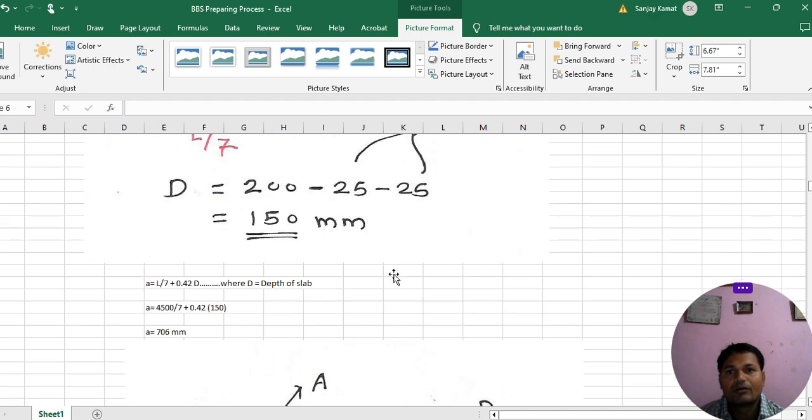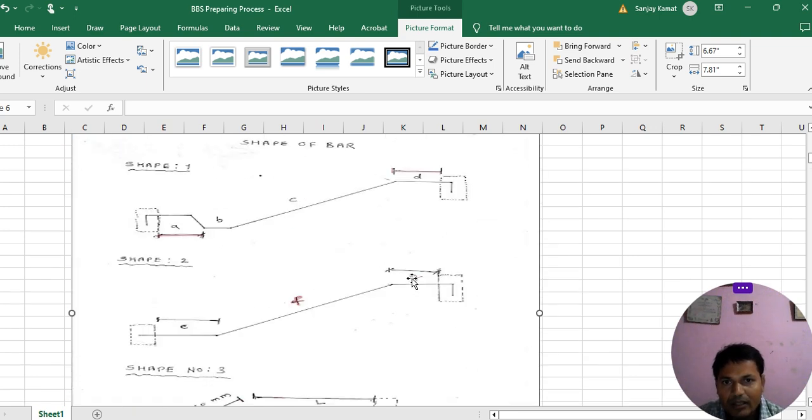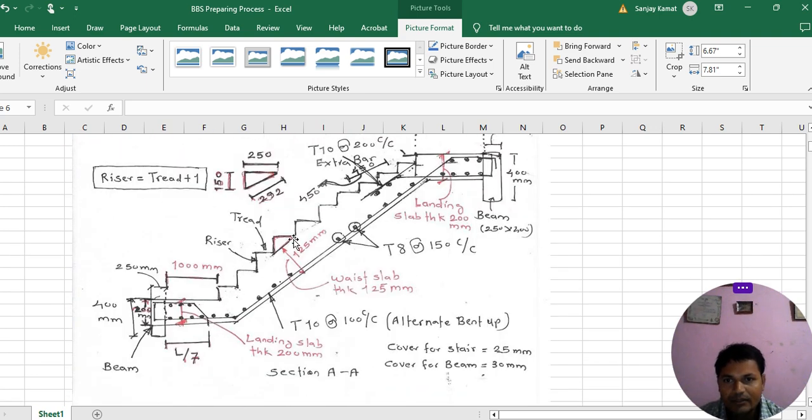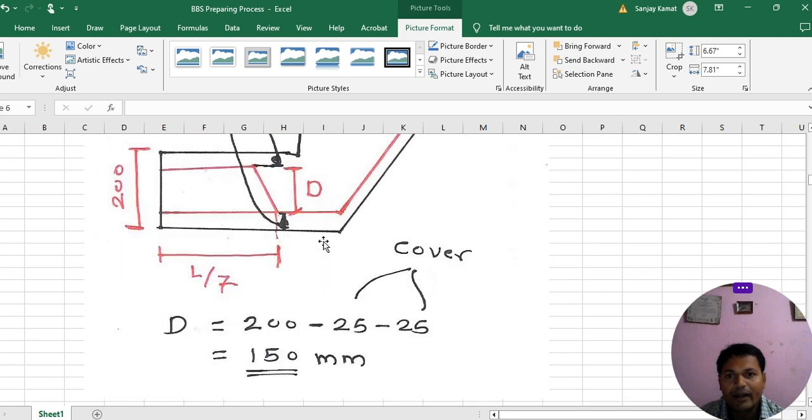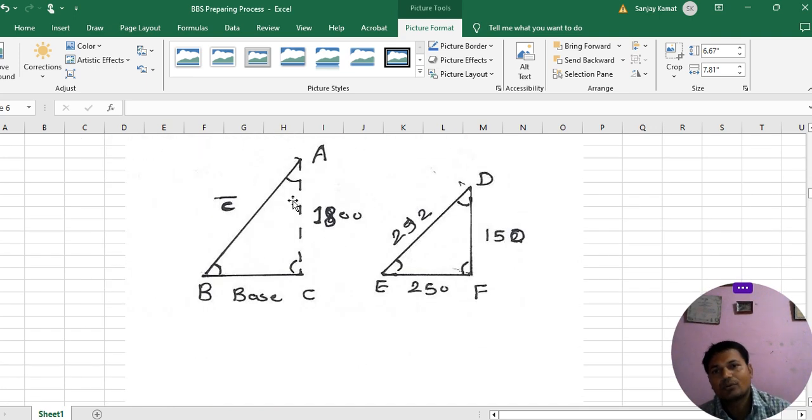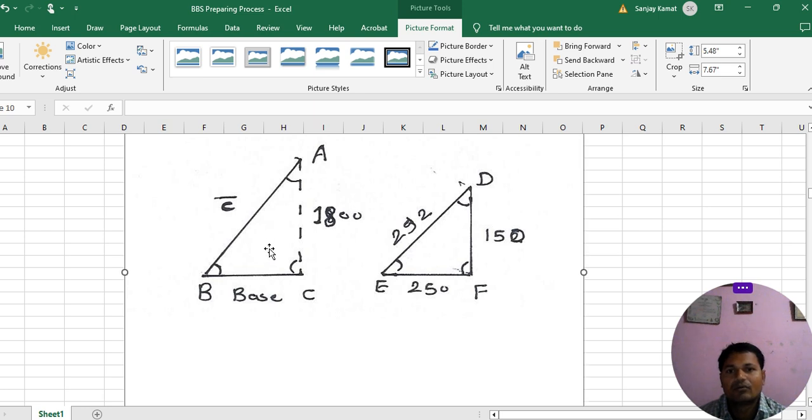Now see, everywhere you can see riser, tread, riser, tread. In every step one triangle will form. Between the riser and tread, we have taken only two triangles: triangle ABC and another triangle DEF. Let us assume AB is equal to C prime, AC is equal to 1800 mm, and BC is equal to base.